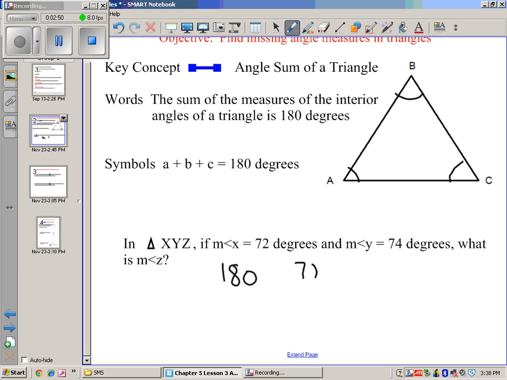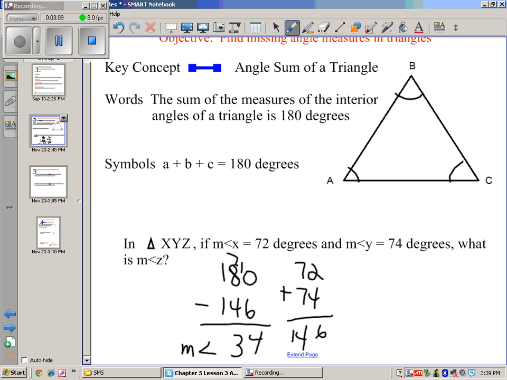We have 72 for one, plus 74 for the other, which gives us 146. What we're going to do is take those 146, subtract it from 180, and the measurement of angle Z is 34 degrees.